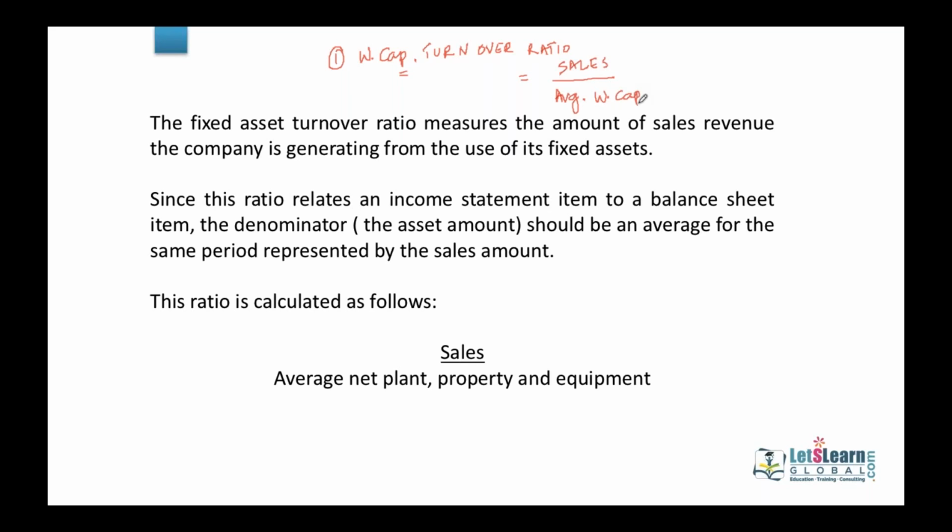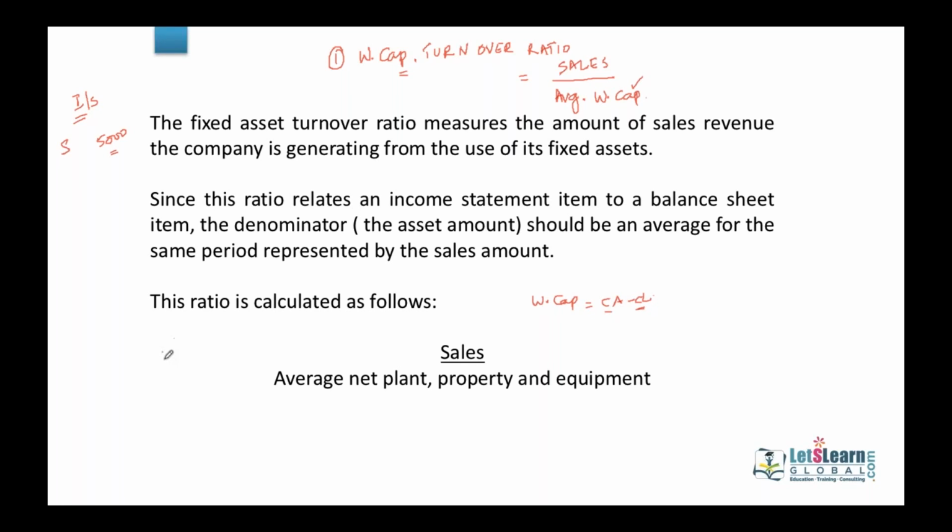Sales you get from your income statement, 5 million. But working capital, where do you get it from? Working capital is the difference between current assets and current liabilities. So last year working capital and current year working capital, you should see both.